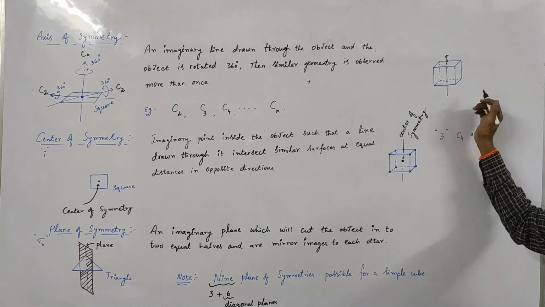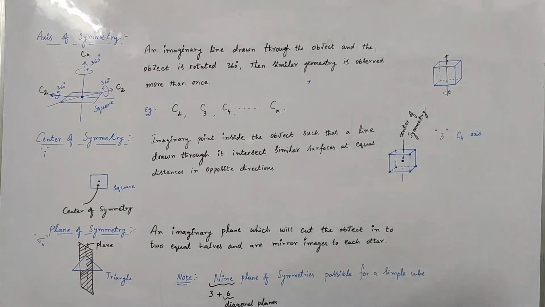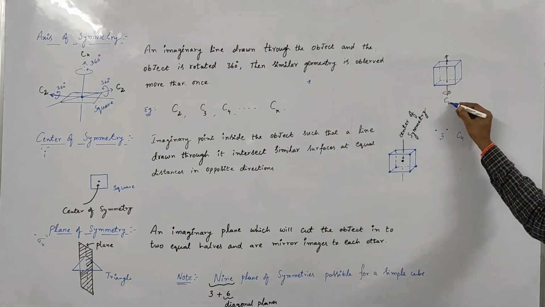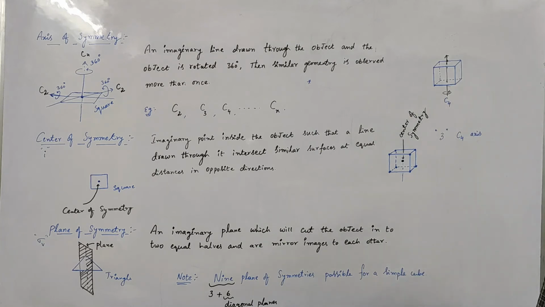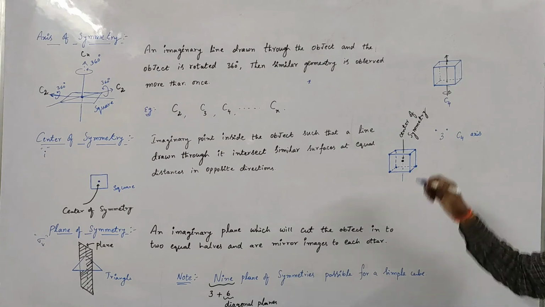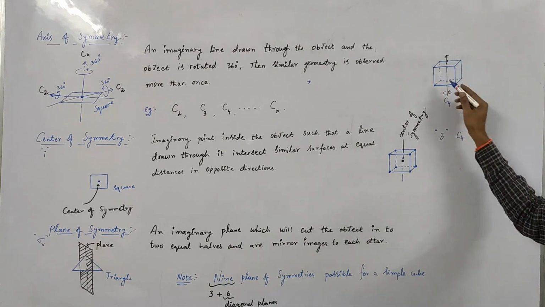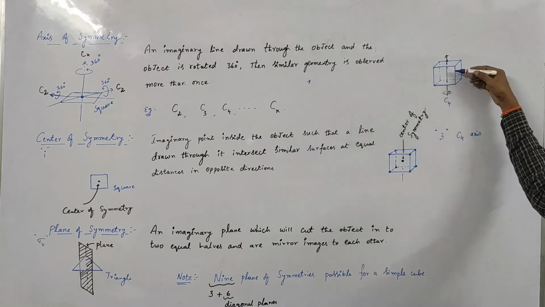If you rotate 360, you will get a similar geometry several times. How many times do you get a similar geometry? 4 times. So I call this C4. How many such C4s are possible? 3. So one C4 from 2 faces: top-bottom, left-right, front-back. Horizontally, and likewise front-back.